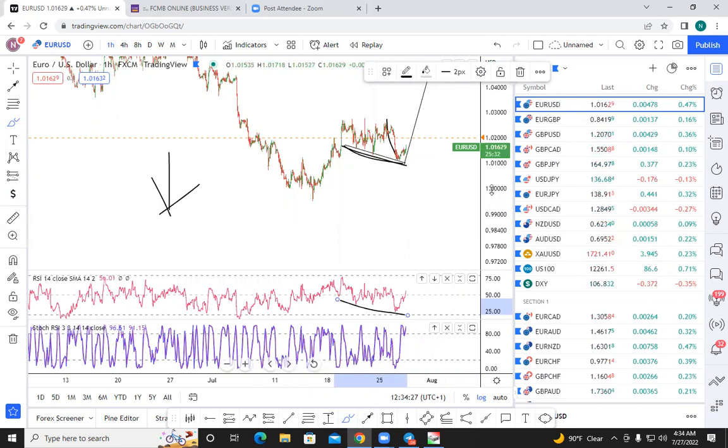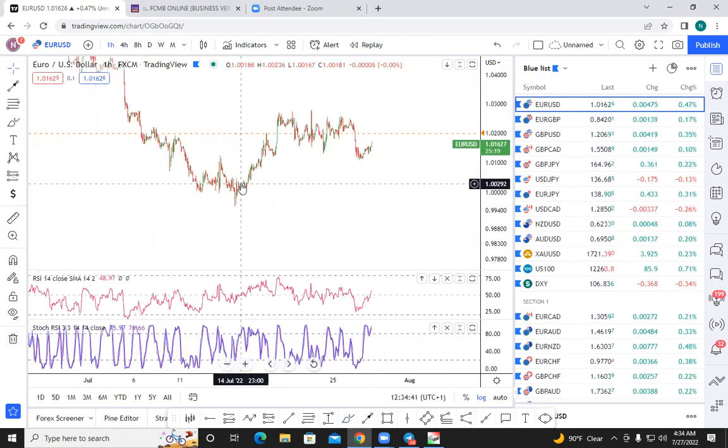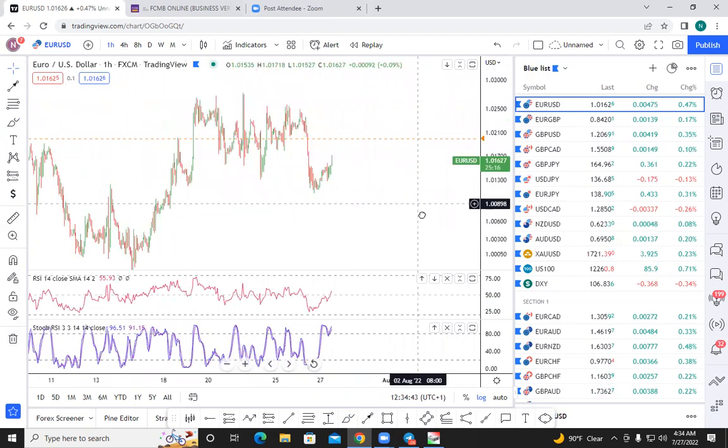So this is just like a kind of replica of a fake flag test that you see at resistance. If that is the case, I'm of the opinion that euro dollar will likely do two things, guys.